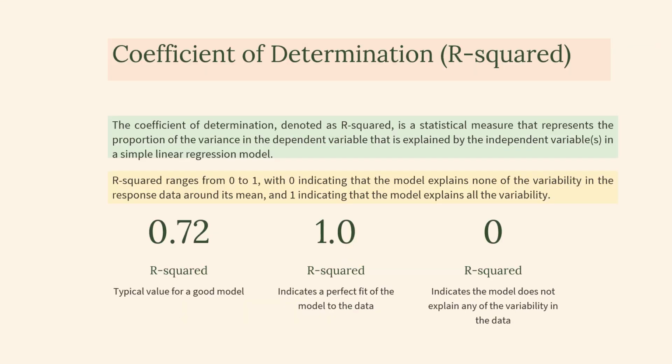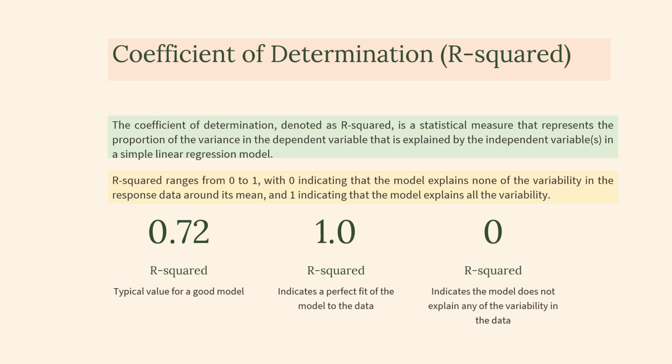Here I will show you the coefficient of determination, or R-square. The coefficient of determination, denoted as R-square, is a statistical measure that represents the proportion of the variance in the dependent variable that is explained by the independent variable in a simple linear regression model.